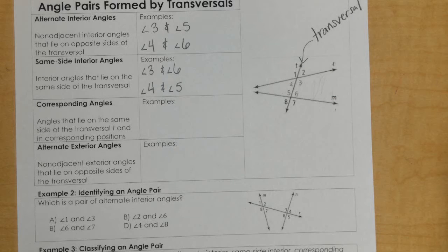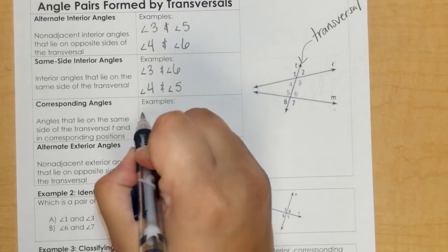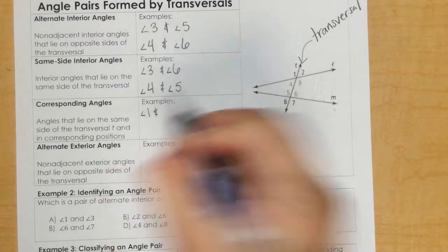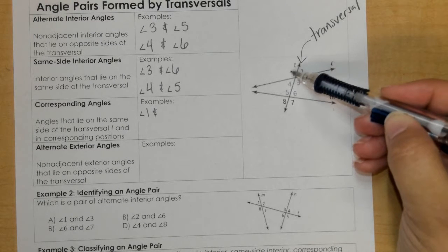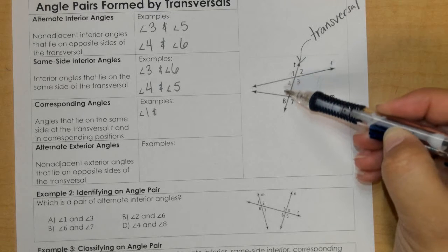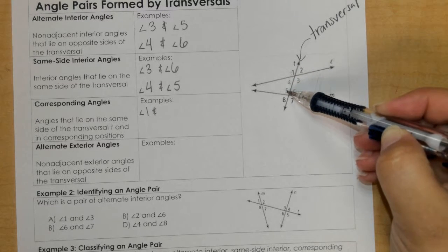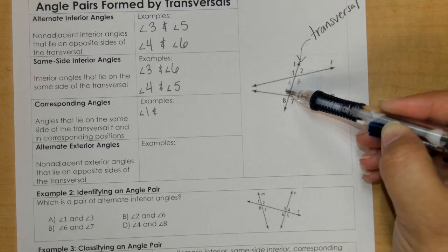Okay, now corresponding angles, angles that lie on the same side of the transversal and in corresponding positions. So let's just go with angle 1 first. Angle 1 is on top of line L, on the left side of the transversal. Angle 5 is on the top of line M, also on the left side of the transversal.